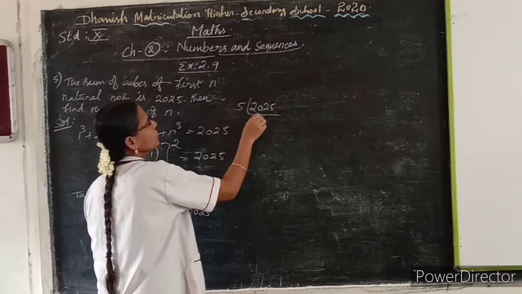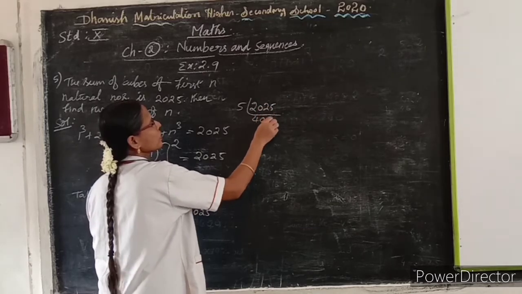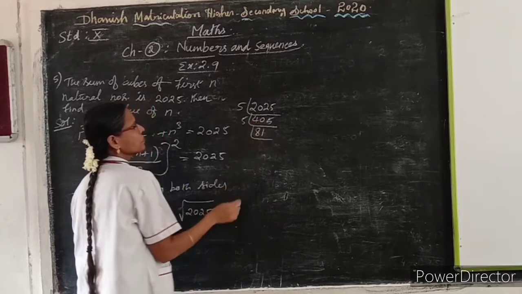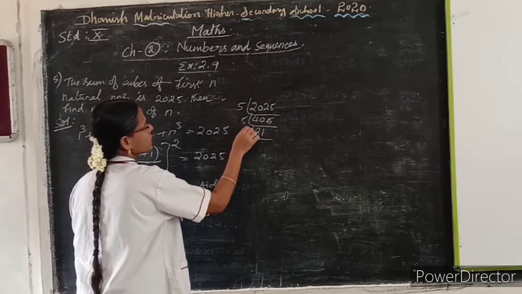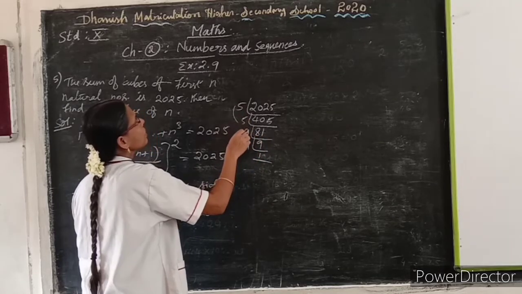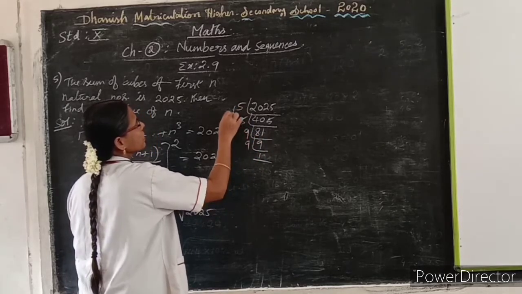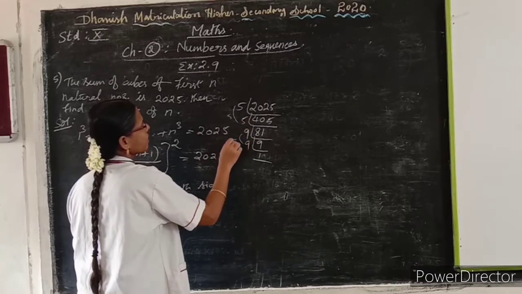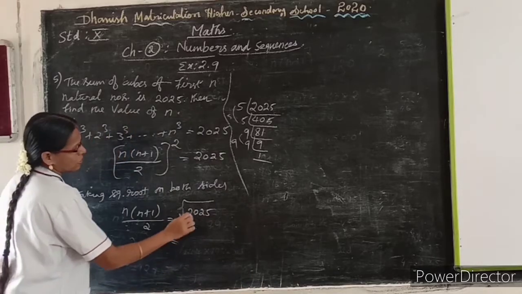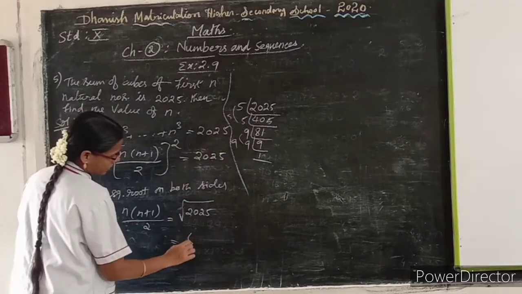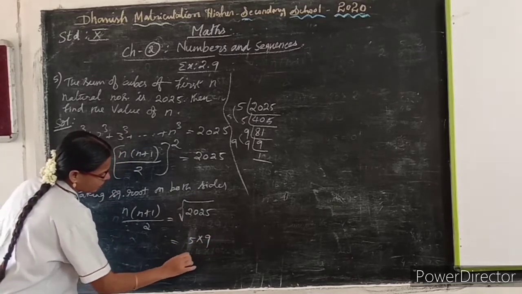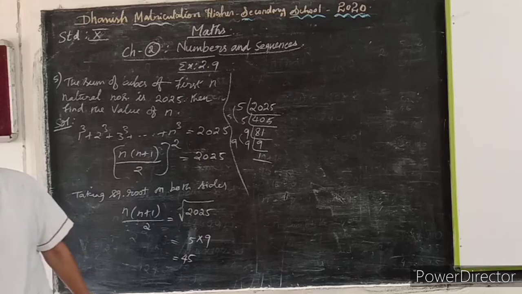By the 5 table, the last digits give 5, and the square number is 9 since 9 nines are 81, so 9. For these two, 5 and 9, 9 fives are 45. So the square root of 2025 is 5 into 9, which is 45. What about RHS?